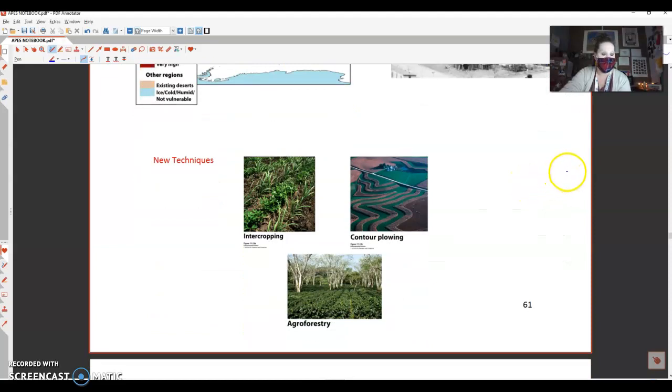Okay. So let's look at what these are. So again, traditionally we've used monocropping. We know that monocropping doesn't work. So these new techniques are meant to increase soil fertility. That way, we don't have to worry about depleting the soil.